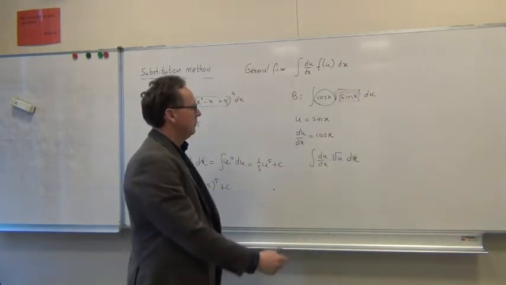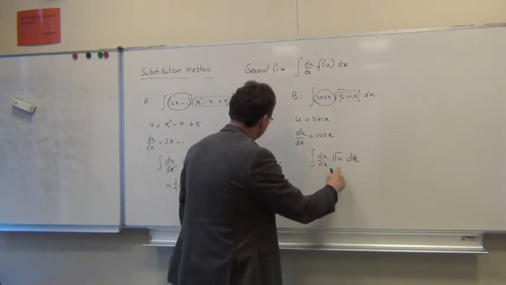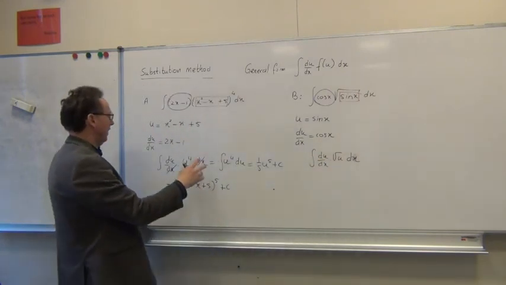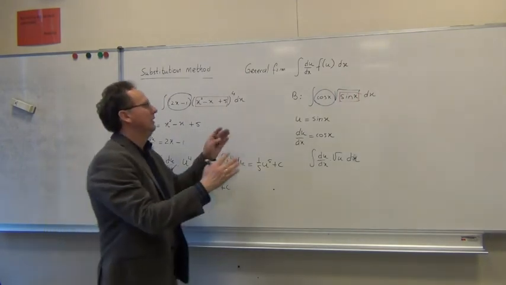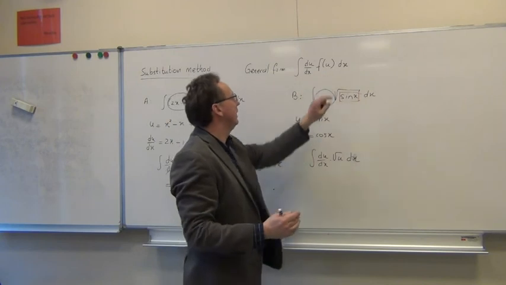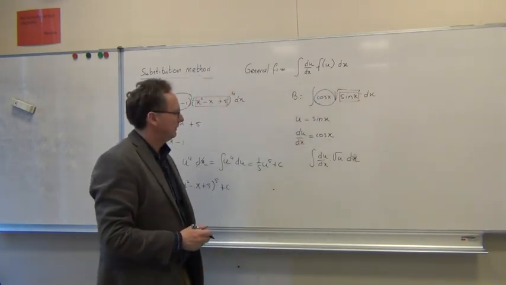So looking at our two examples, we have the derivative of u times the root of u. Here we had the derivative of u times u to the power 4. So if you can discover this kind of pattern in any integral, you may attempt to do the substitution method.